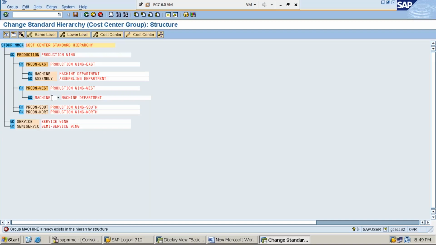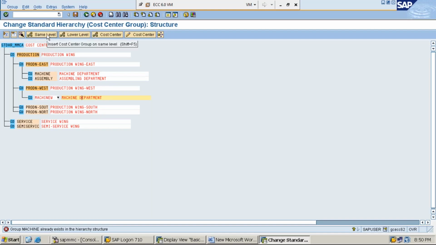Oh, the system is saying group machine already exists in the hierarchy structure. Simply add it as machine W. Okay. Same code it is not taking because the system does not allow it. So machine W, machine department.